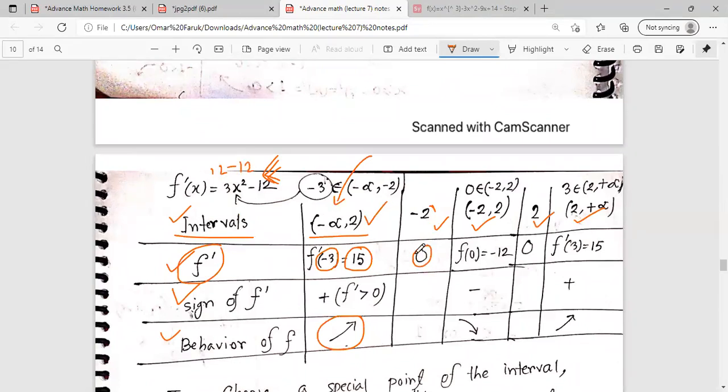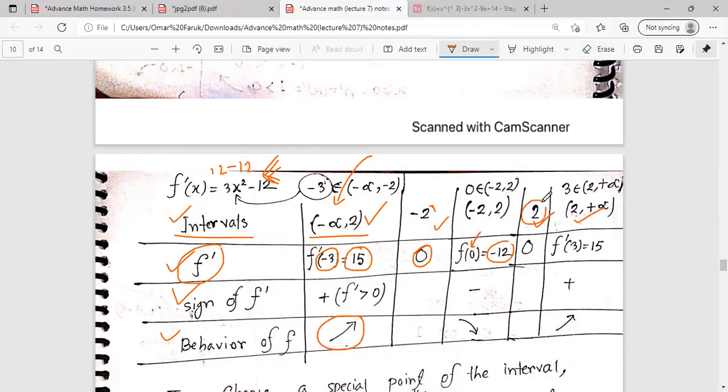So this is 0. And for the next interval, minus 2 to 2, I can take any value, like 1 or minus 1. But I cannot take 2 or minus 2 because this is an open interval. I must take something between minus 2 and 2. So for example, I can take 0, and it will be minus 12.